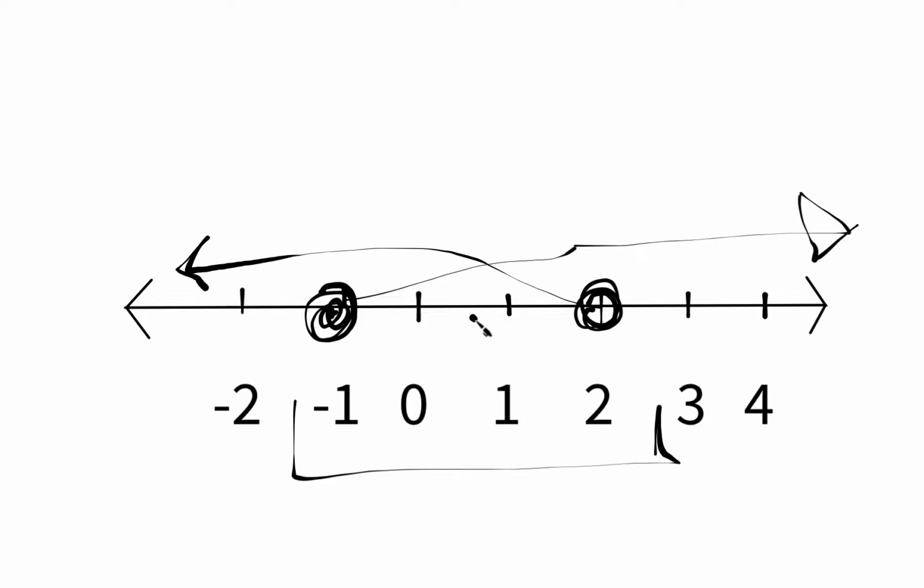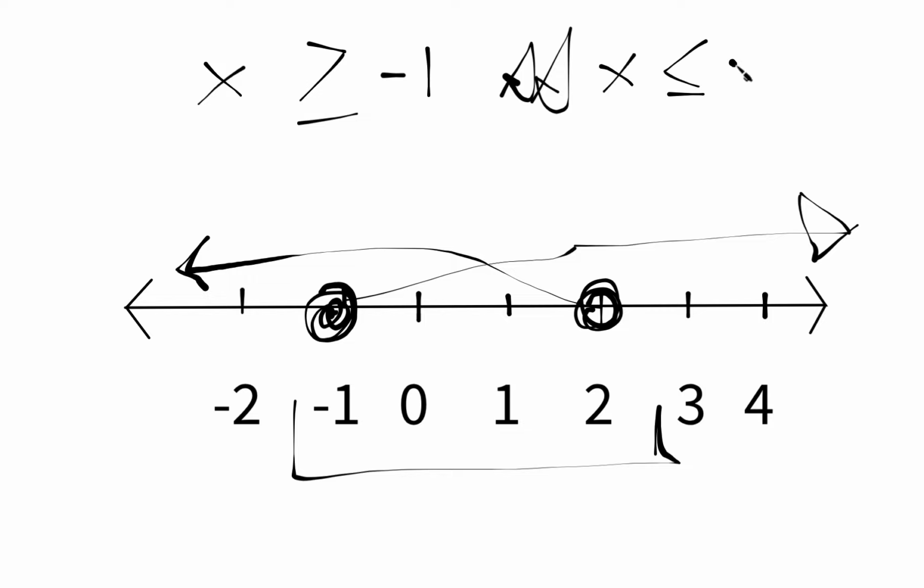So both of these inequalities, namely x is greater than or equal to -1 and x is less than or equal to 2, if they're true, means that x is a number between -1 and +2 inclusive.